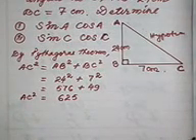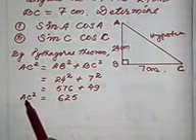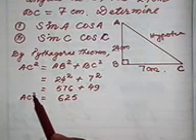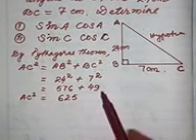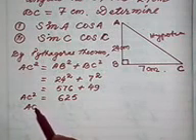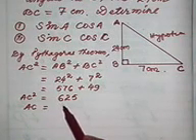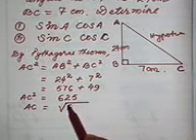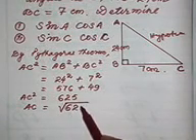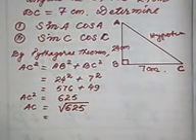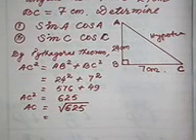Now we have to find AC, not AC square. That means we have to bring this square to the other side. So when we bring this square to the other side, we know that it will turn into square root, and here 625. Now square root of 625, what it means?